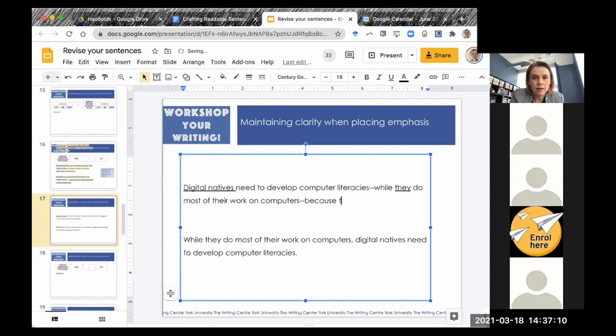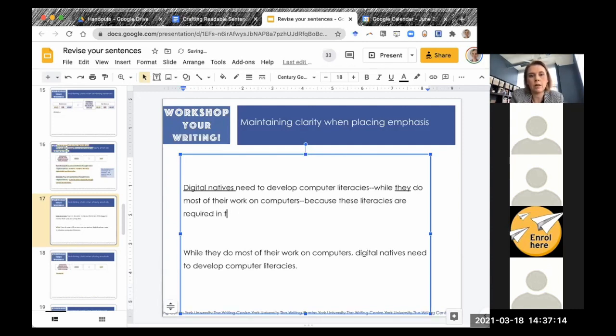Because these literacies are required in the working world. Something like this. It's not a perfect example, but generally when you're seeing them, punctuation is used before them.